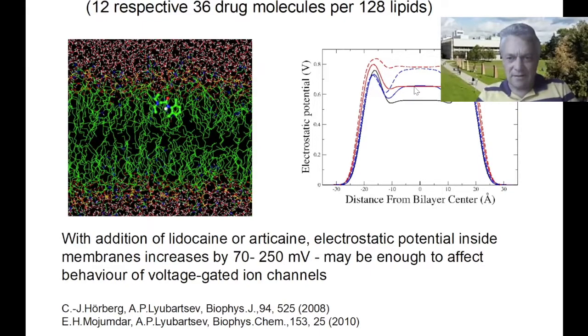This difference, about 70 millivolts, is in principle already enough to change the work of voltage gated ion channels, because the working voltage for a voltage gated ion channel is just 70 millivolts. So such changes certainly can affect the work of ion channels, and this can be a plausible reason that the ion channels are blocked. And the results are also described in these two papers.